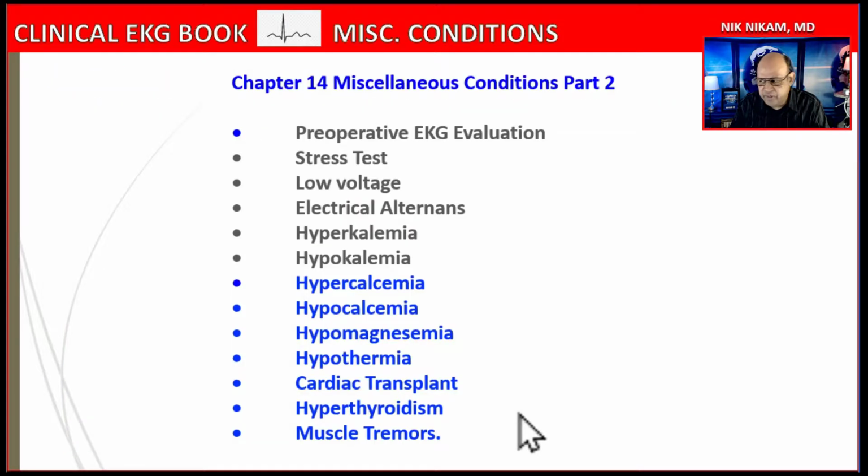Okay, ladies and gentlemen, this is a quick overview of miscellaneous conditions, preoperative EKG, stress EKG changes.